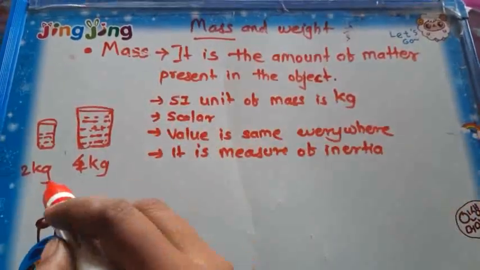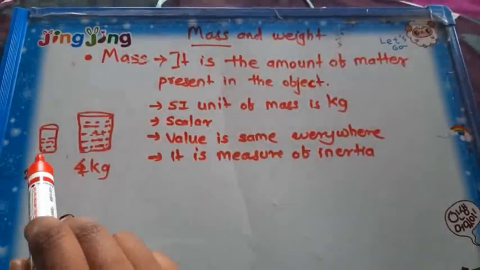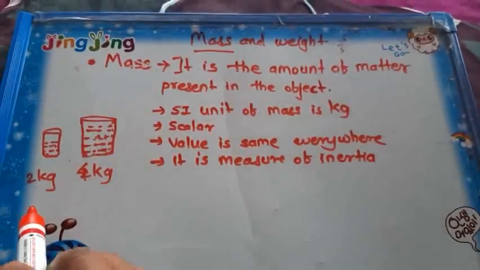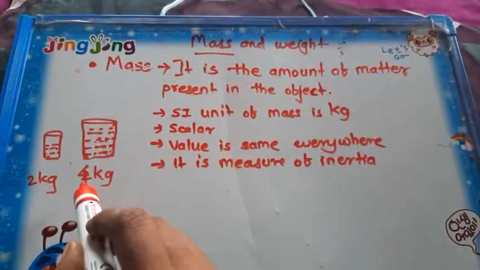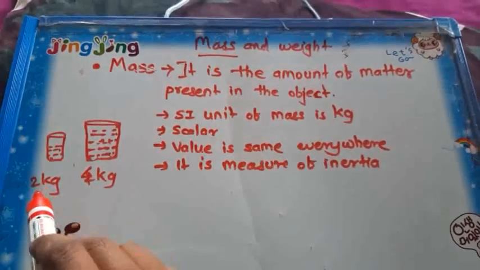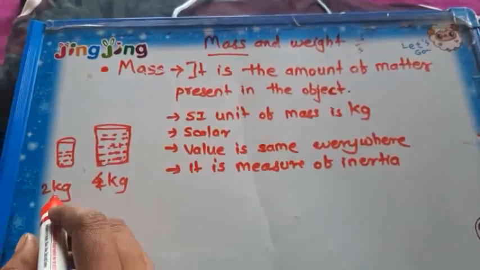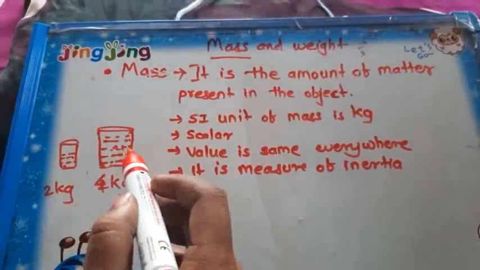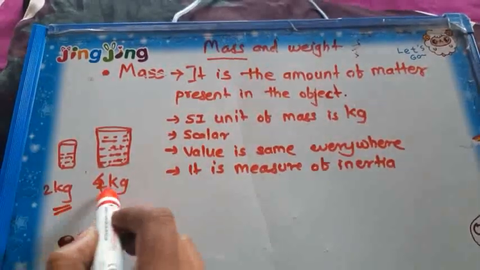For example, consider here are 2 cups. In the first cup there is 2 kg sugar, and the second cup is filled with 4 kg sugar. So the mass of the first cup is 2 kg and the mass of the second cup is 4 kg. That is what it indicates.